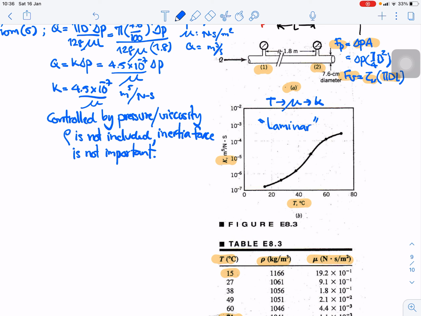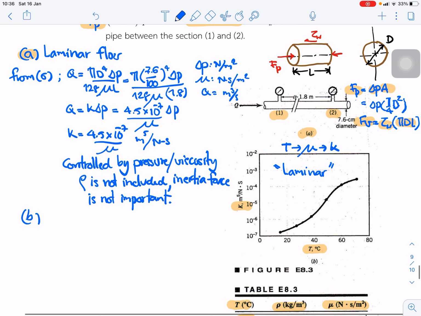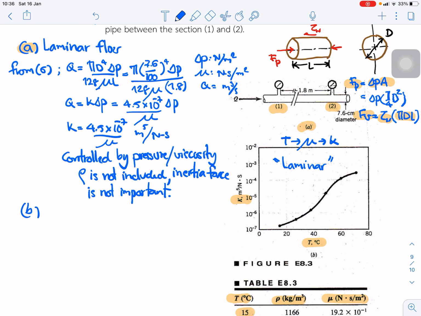For part B, I finished drawing the curve. At T equal to 30 degrees C, we can look at the table to find mu.